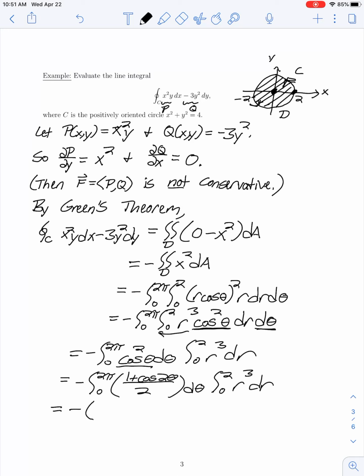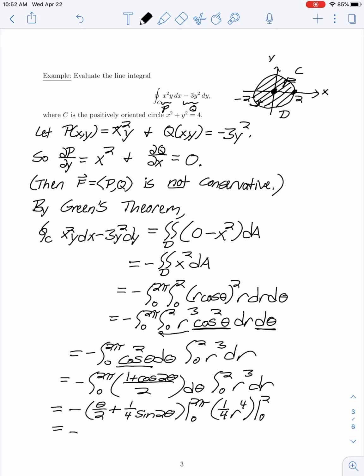The antiderivative of 1/2 with respect to theta is theta over 2, and then plus the antiderivative of half of cosine of 2 theta would be 1/4 sine of 2 theta, which we are evaluating from 0 to 2 pi. And then we are multiplying by the antiderivative of r cubed, which would be 1/4 r to the 4th, evaluated from 0 to 2.